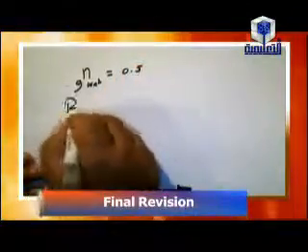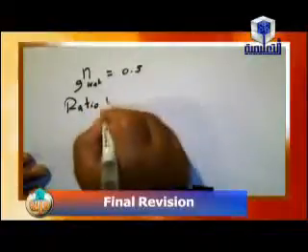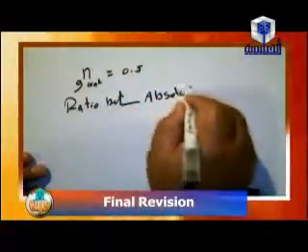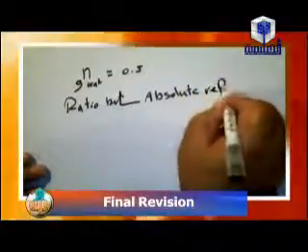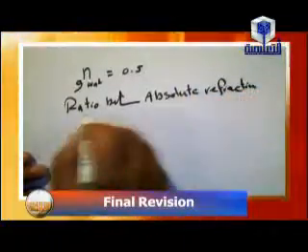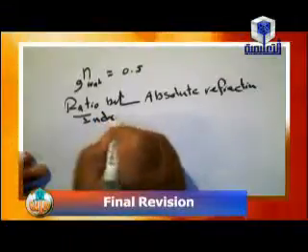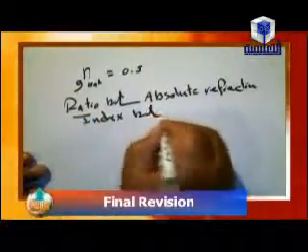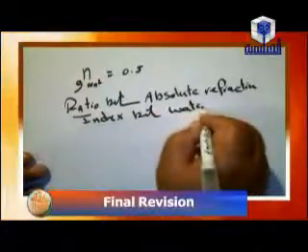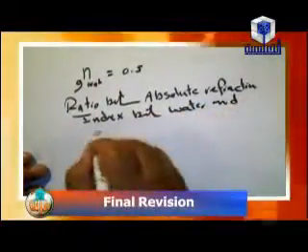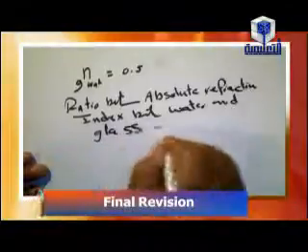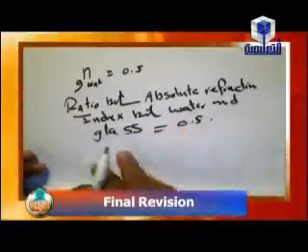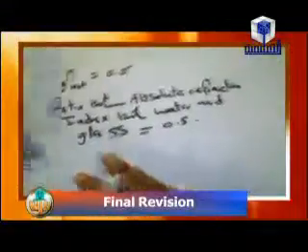So the ratio between the absolute refractive index of water and glass is equal to 0.5. This is the relative refractive index between glass and water.